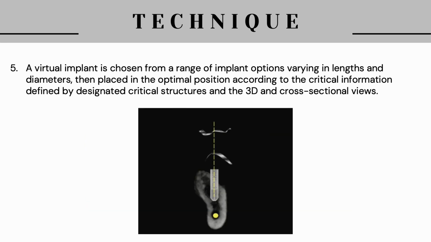Fifth, a virtual implant is chosen from a range of implant options varying in lengths and diameters, then placed in the optimal position according to the critical information defined by designated critical structures and the 3D and cross-sectional views.